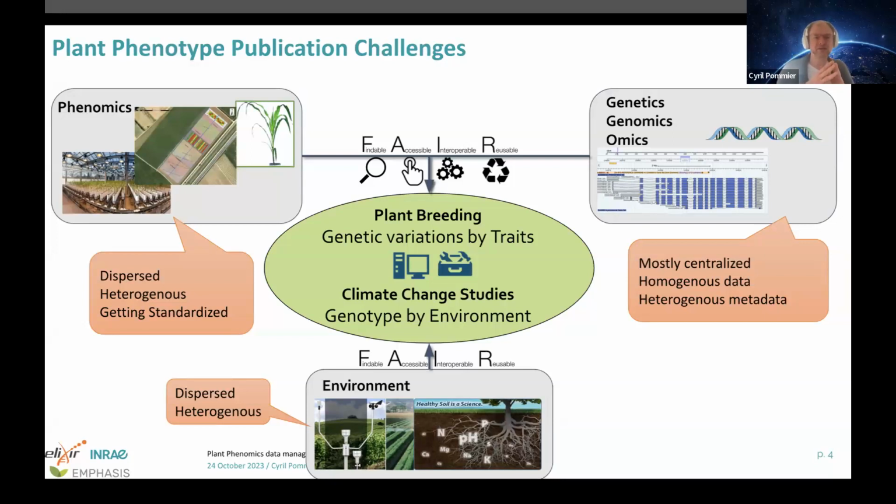Furthermore, phenomics data are heterogeneous, though they are getting standardized. They are mostly standardized now. And the environment data are very linked to phenomics data. The objective of all of our activities is to enable the integration of those different fields of research using FAIR principles to be able to do plant breeding, so genetic variation by trait studies, climate change studies, through genotype by environment or agronomic modeling, and so on.